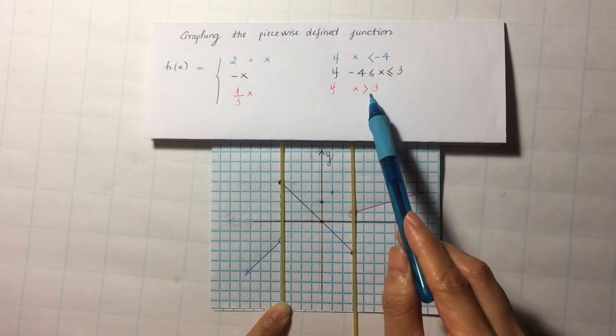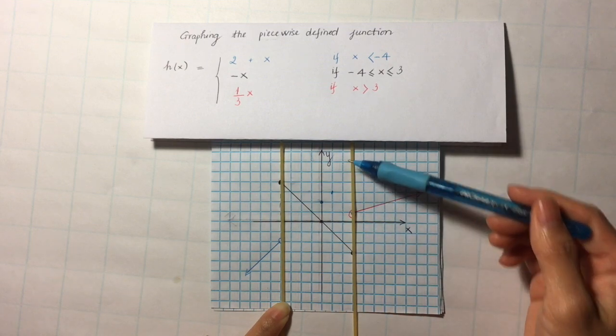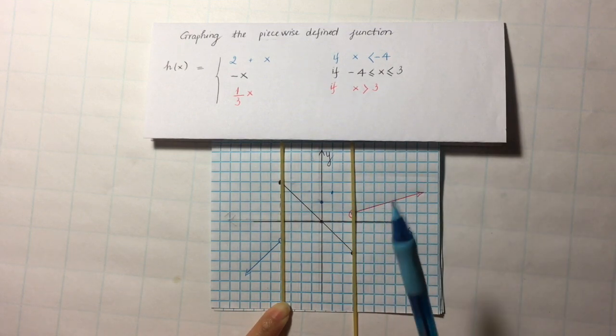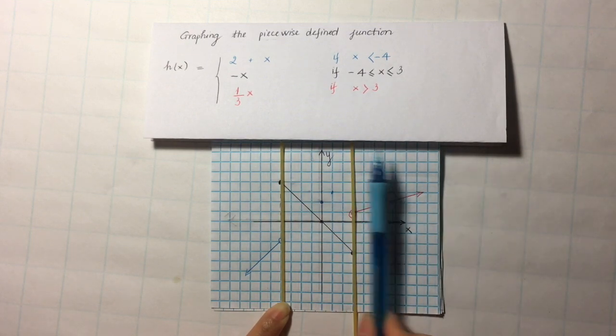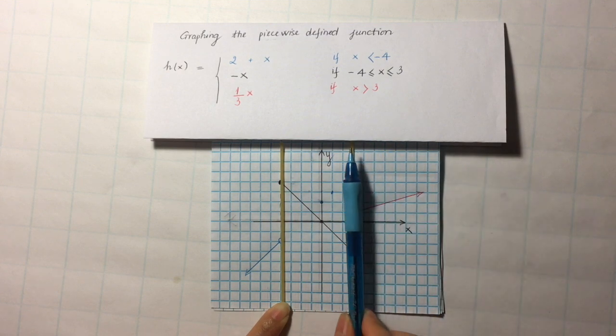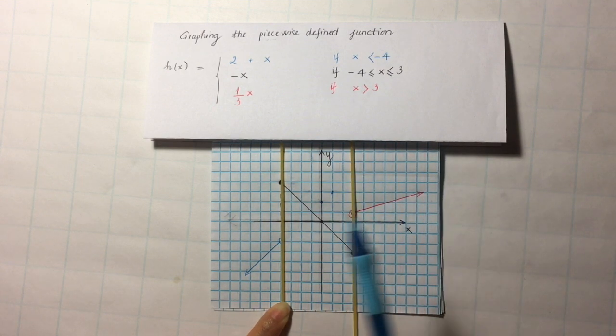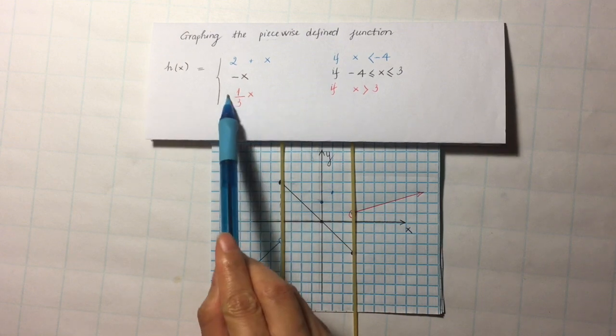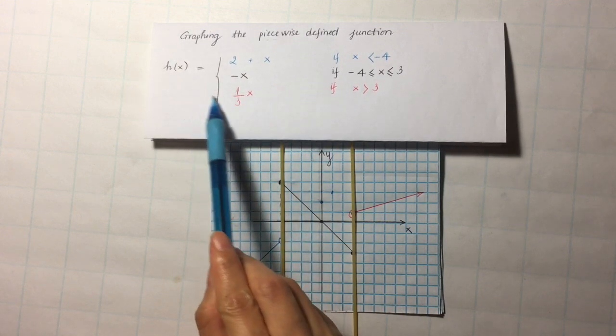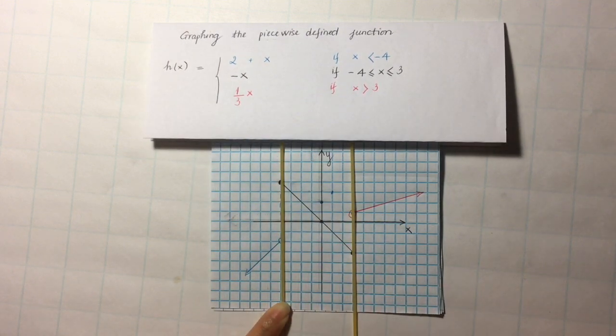And when x is greater than 3, which is this side right here, we have the red graph, which is the graph of h of x equals 1/3 x. That's it.